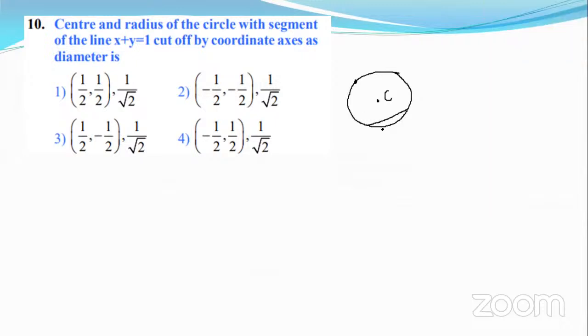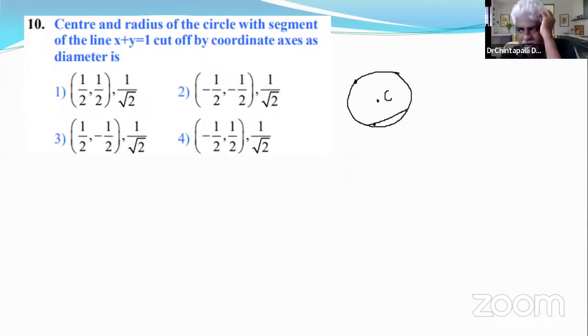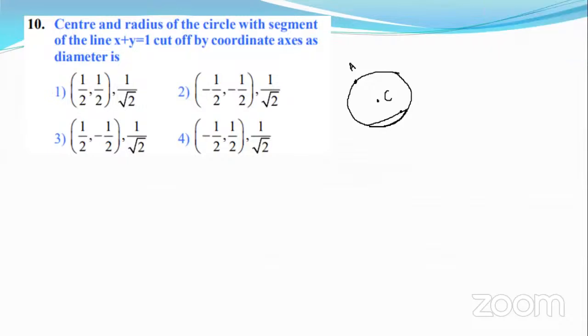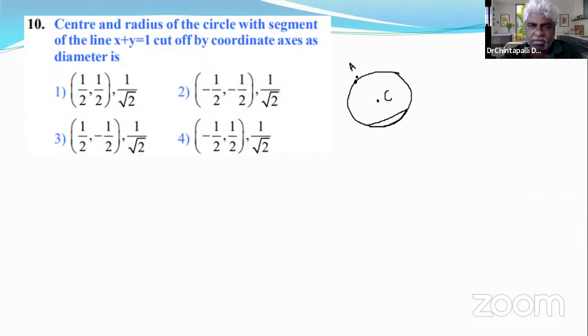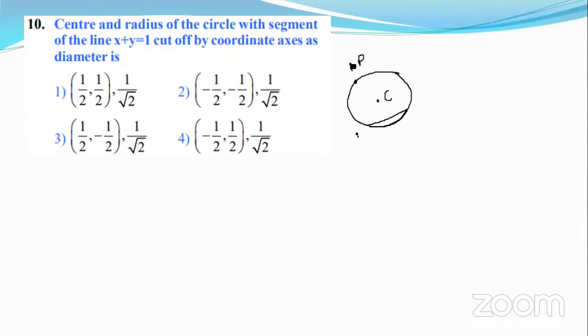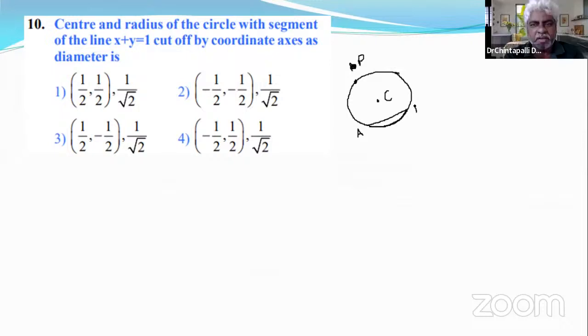This chord divides the circle into two parts, the major segment and the minor segment. AB is the chord. P is any point on the major segment.